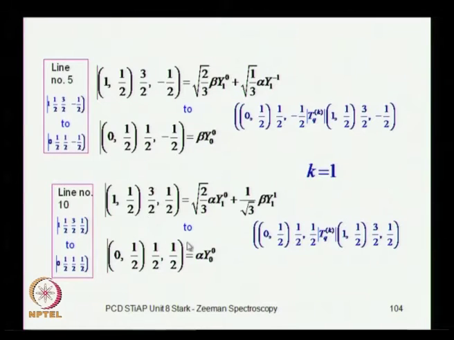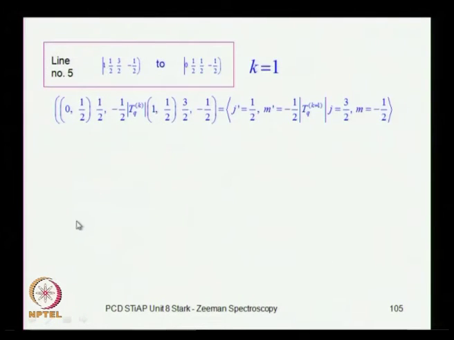So, let us see how this works out. So, this transition matrix element is represented by this operator, which typically is the dipole operator, an operator of rank 1, and this is the operator which is sandwiched between the initial state and the final state, and you have a similar expression for line number 10.